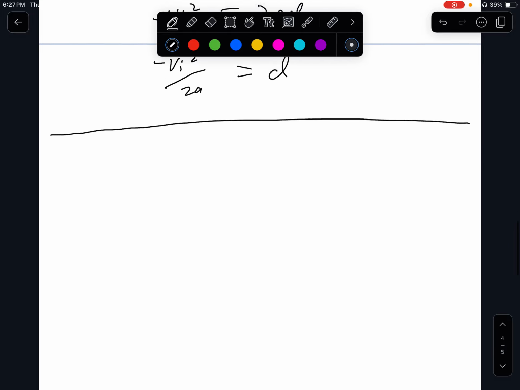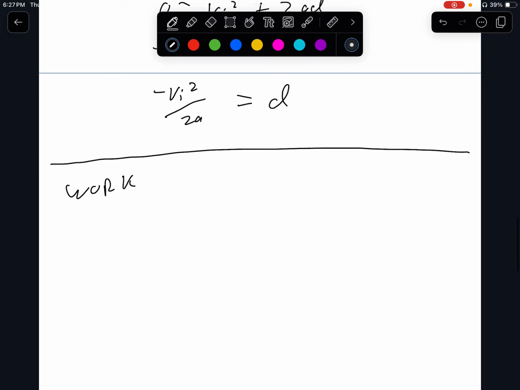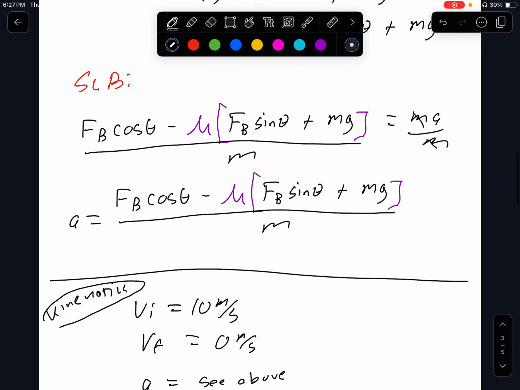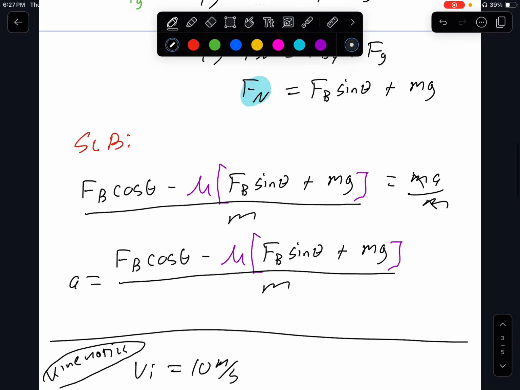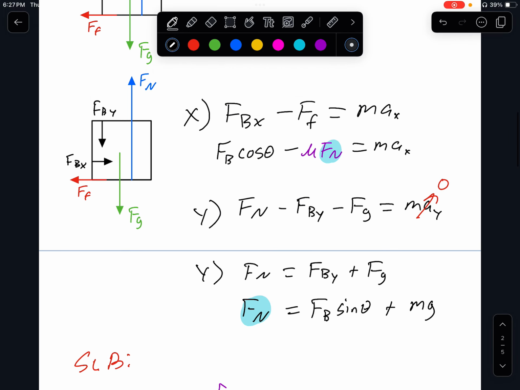As far as the work goes, that's the question asked: how much work gets done here. Work is going to be equal to force times displacement. Now, one last sneaky thing is that the acceleration we found above was done by taking our y information from Newton's laws and subbing it into our x information.